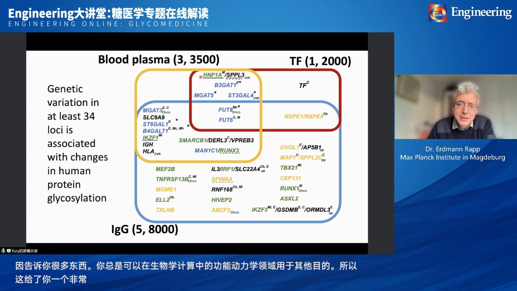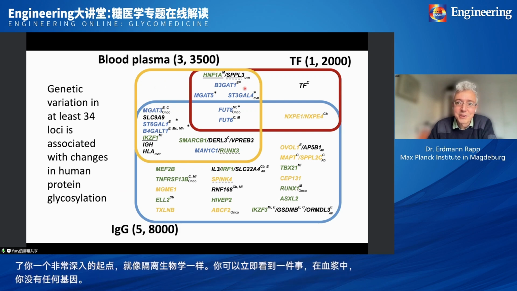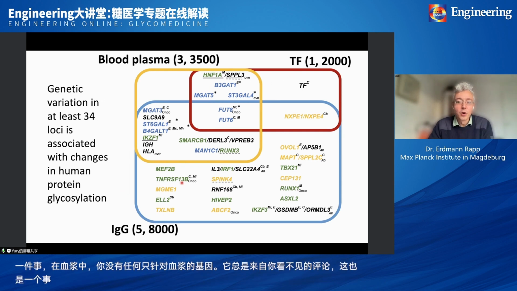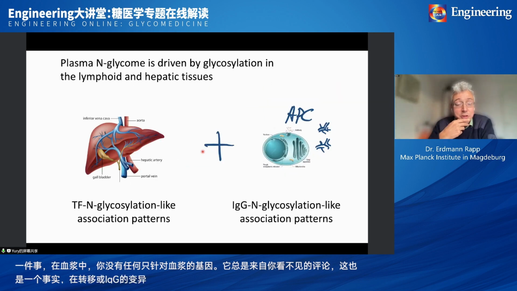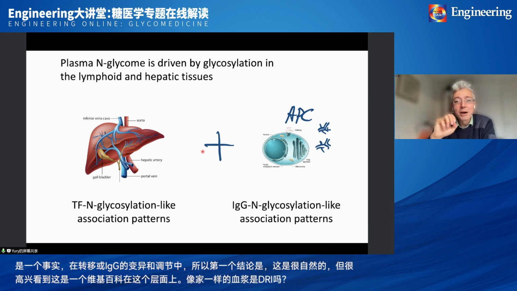One thing you can see immediately is that in blood plasma, you don't have any gene which is specific for blood plasma only. It's always also affecting variation of N-glycosylation of transferrin or IgG or both. So one of the first conclusions, and this is kind of natural, but it's nice to see it recapitulated on this level, is that plasma glycome is driven by glycosylation in the lymphoid and hepatic tissues, right?